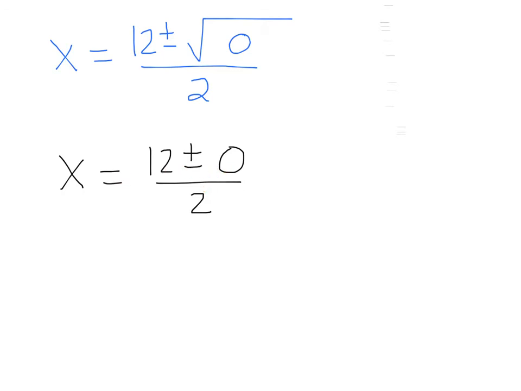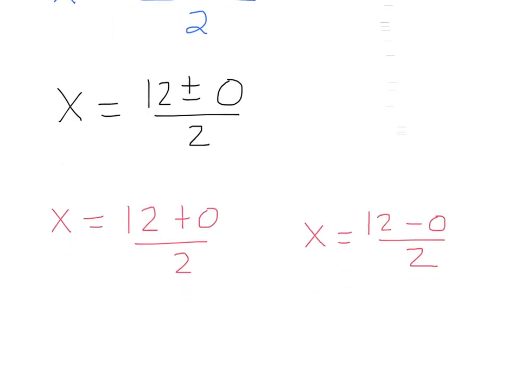Notice this plus or minus: you write the equation twice, 12 plus 0 divided by 2 and 12 minus 0 divided by 2.